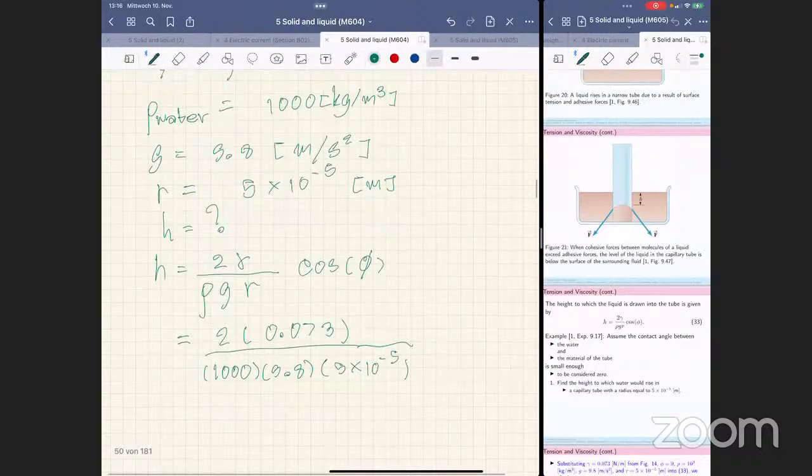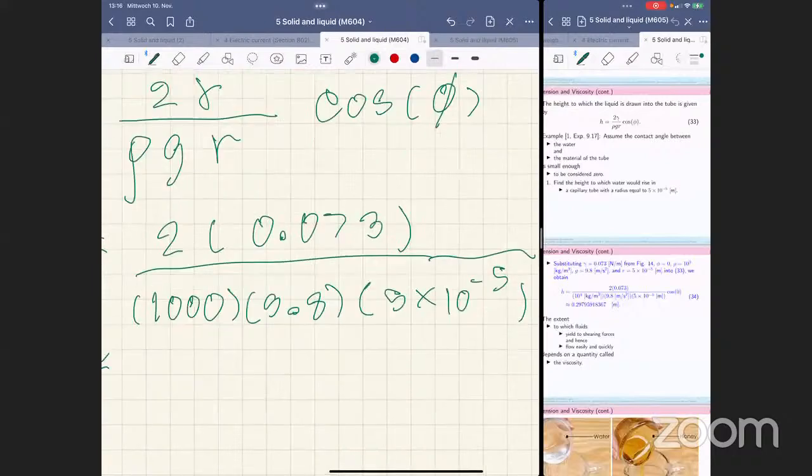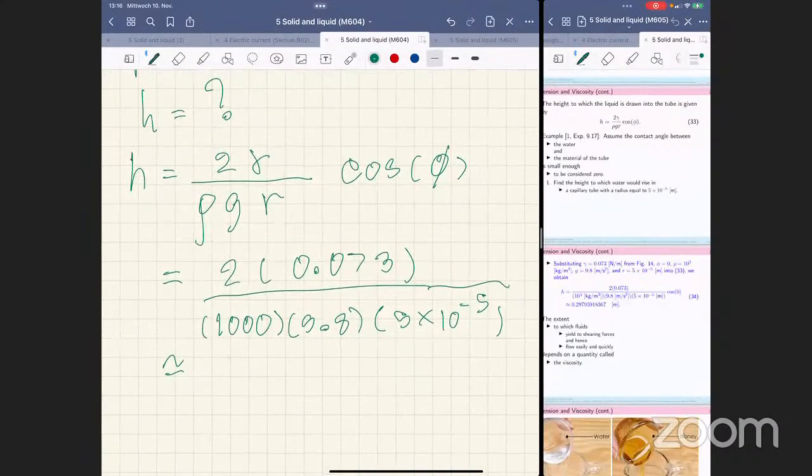That's the thing we have to compute. If you put it into the calculator, you would get 0.298, and the unit for height is meter. That's it for this problem.